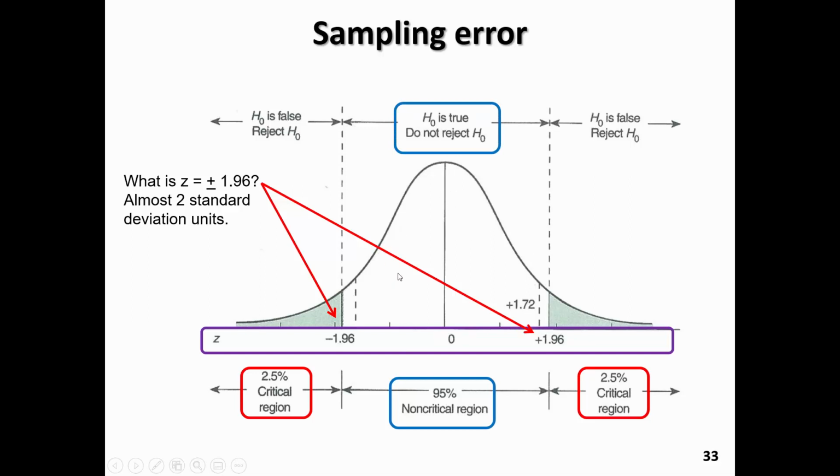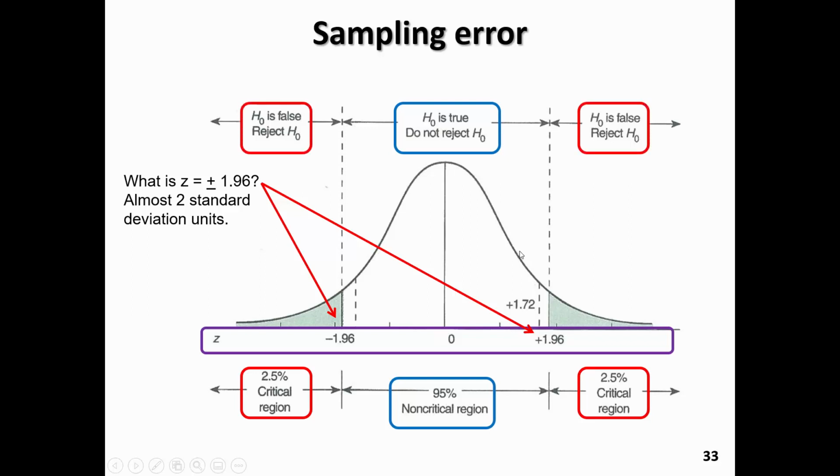And if our calculated z value falls anywhere between negative 1.96 and positive 1.96, then we accept the null hypothesis. We don't reject it because it is contained within the 95% level of confidence.